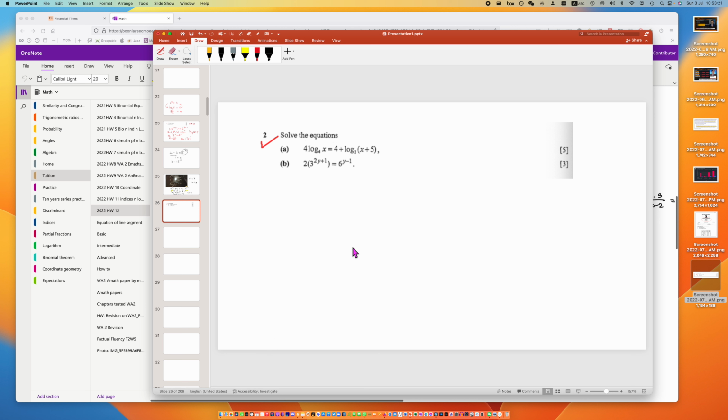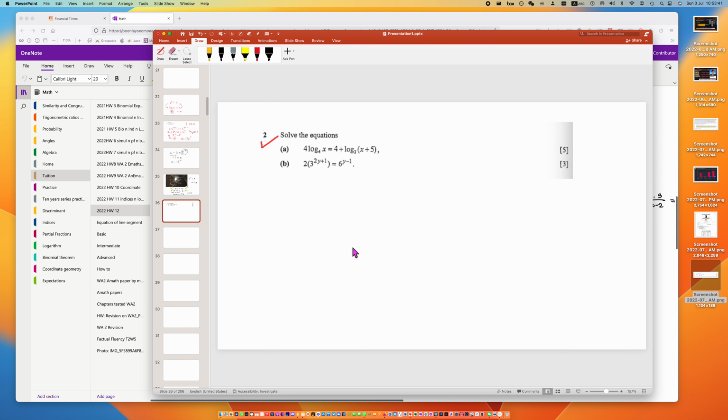Which one should you pick? I feel like this one. Why? Because you can change the base. You can change to log 2, then you can even change to lg, right? You should make use of this.